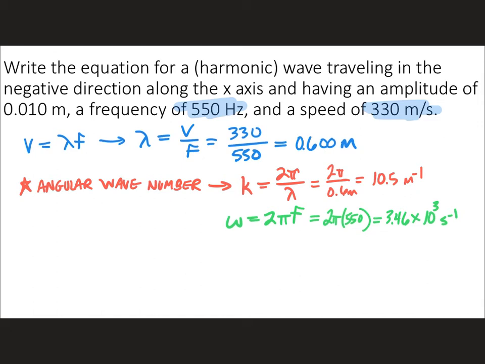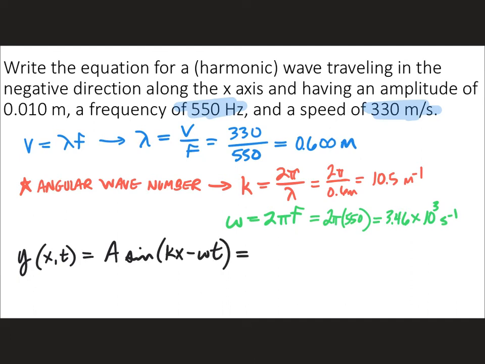And that means that now I believe we have everything we need to write our equation, which needs to come in the form of some amplitude times the sine of kx minus omega t.